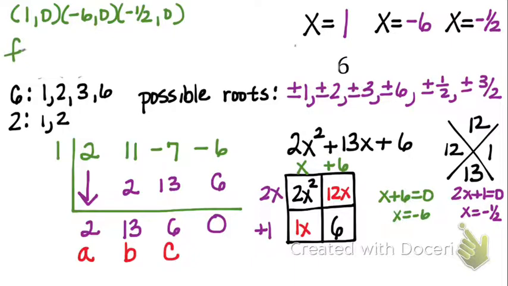In my factored form, so we started off by talking about the difference between factor form and standard form, would be f of x equals. So what would be my factor? If I have a 0 of 1, would my factor be x plus 1 or x minus 1? X minus 1.